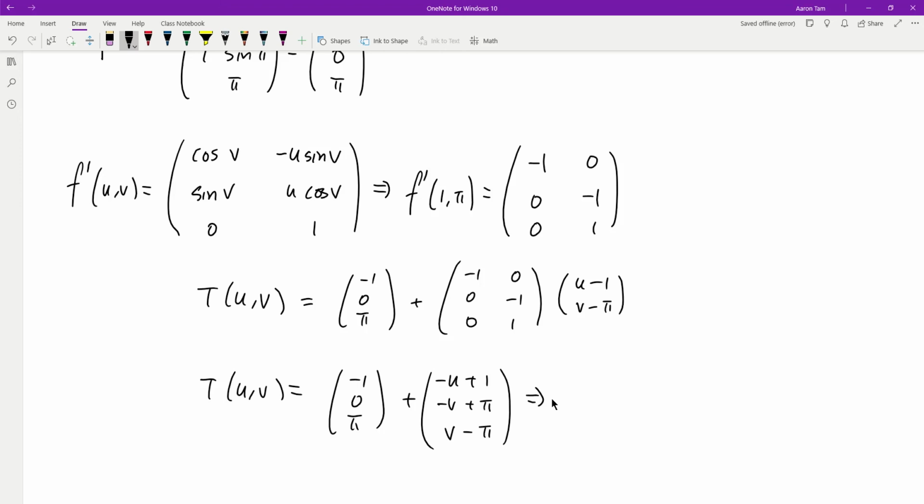So if I'm looking at this correctly, this T of (u,v) would equal -u plus 0, because -1 plus 1 is 0, then 0, and then pi minus pi cancels, so it's just v.